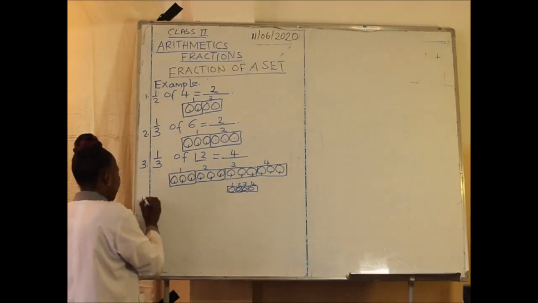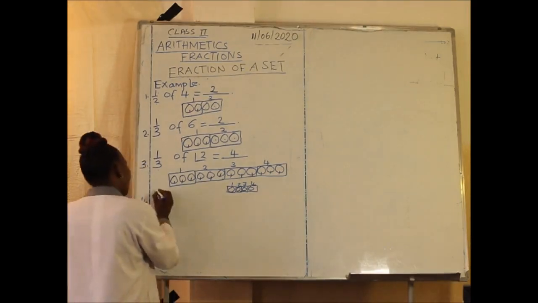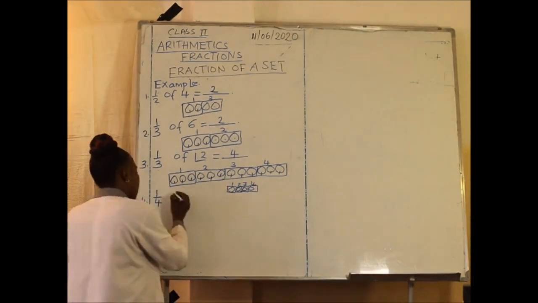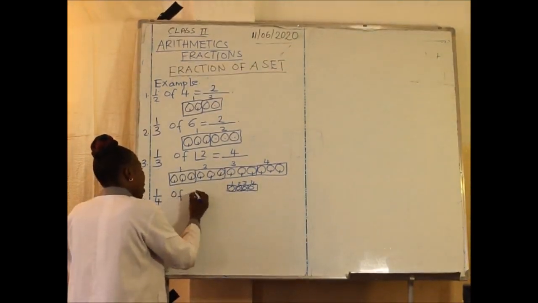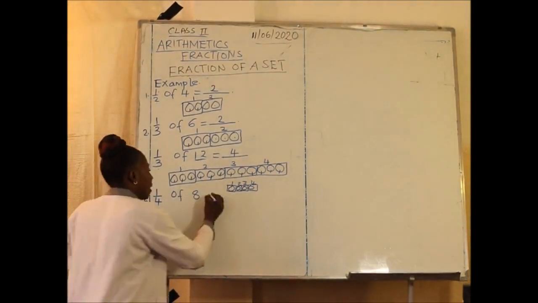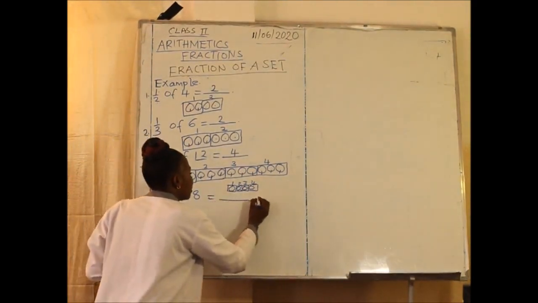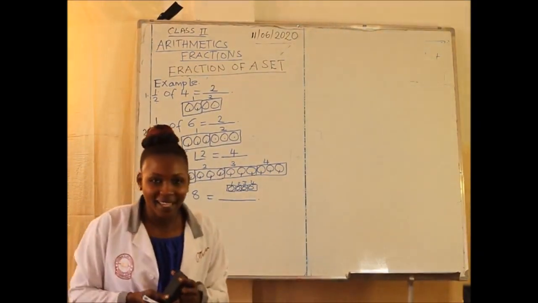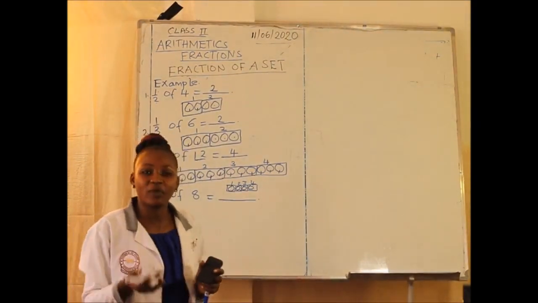Another example, maybe someone might ask you, 1 over 4 or 1/4 of 8 equals to dash. You remember what you were supposed to do there? You have to ask yourself, how many items do you have?